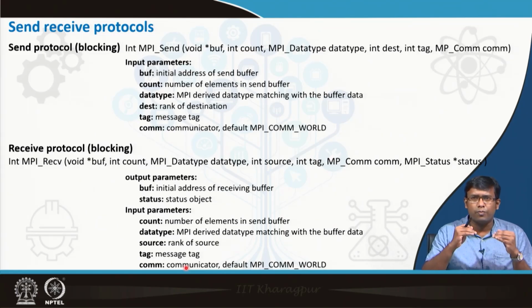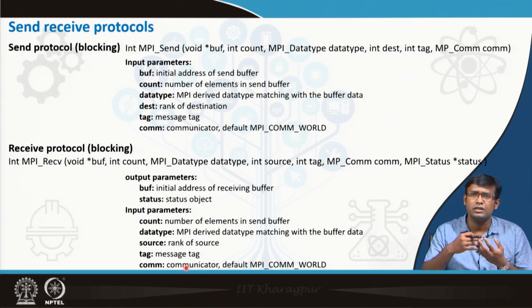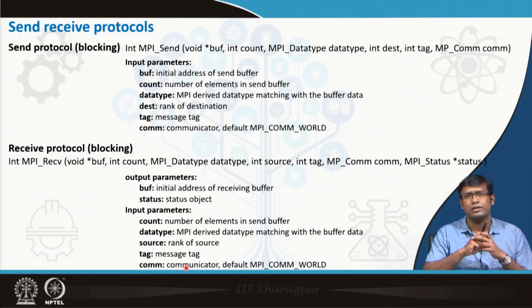The processors' execution will be blocked at this stage, and in this particular case a send has to be matched by a receive, because the send is not finished unless the receive command in the destination processor has been executed. Similarly, the destination processor's receiving is not finished unless the source processor has sent the data. So, there has to be a matching between them, otherwise there will be a bottleneck. We will see about these things in the next few lectures. Thank you.